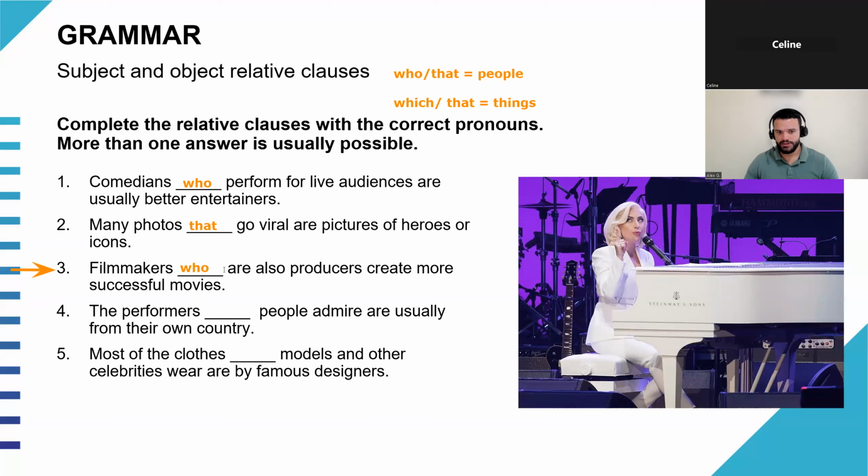So it says filmmakers who are also producers create more successful movies. What's your favorite movie, Celine? Do you have a favorite movie? Yes. It's Pride and Prejudice and Zombies. Yeah.